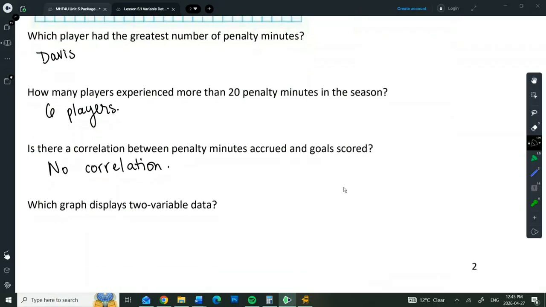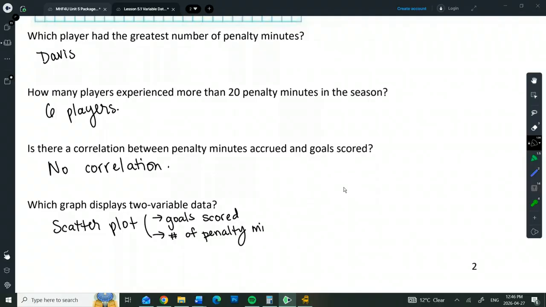Scatter plot. Perfect. It has goals scored as a measurable attribute, and then it has number of penalty minutes. That creates two variables.